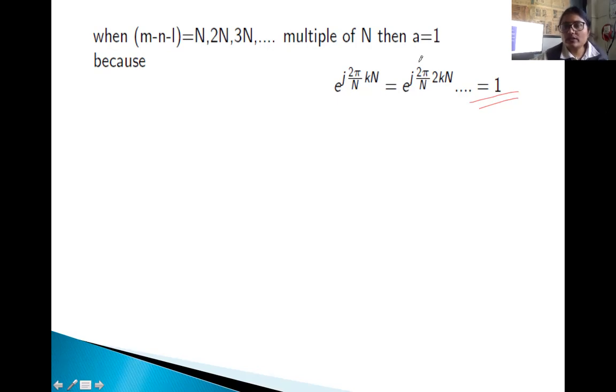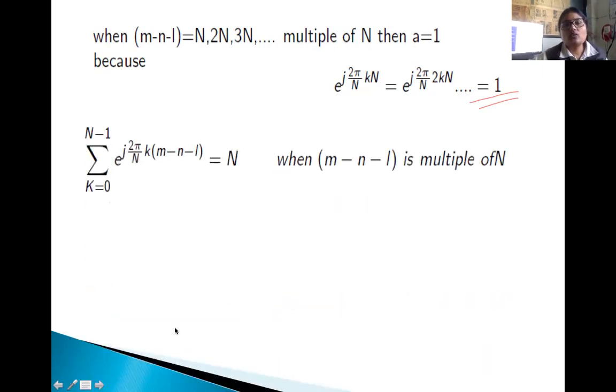This is always equal to 1, right? So next we'll consider the summation. Since this is always equal to 1, this value, if I consider it, will be a multiple of n.